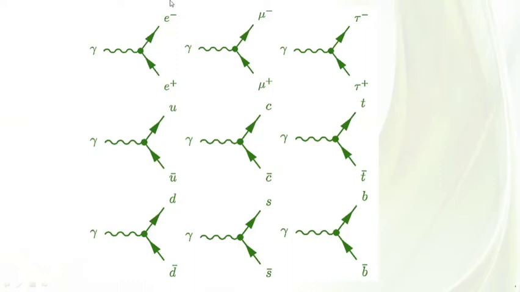Here an anti-muon and a muon. Here a gamma ray photon decays into a tau and an anti-tau, like this. Up quark, down quarks, strange quarks, these are all particles.